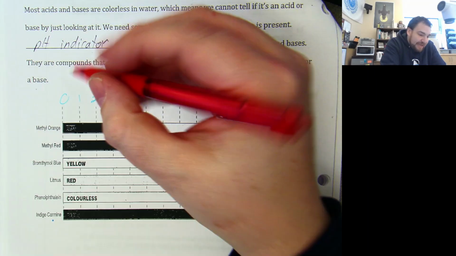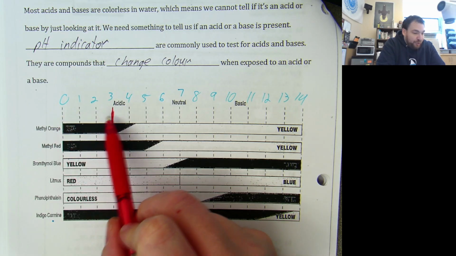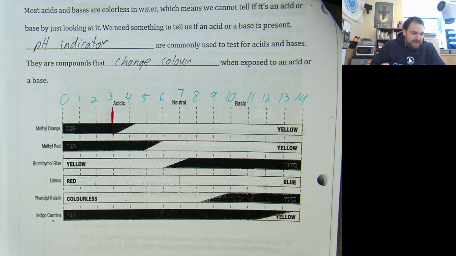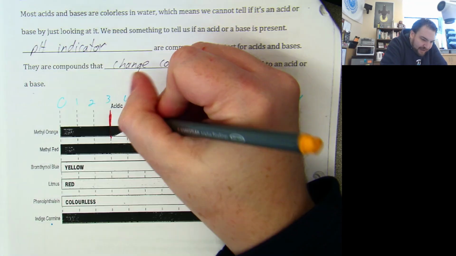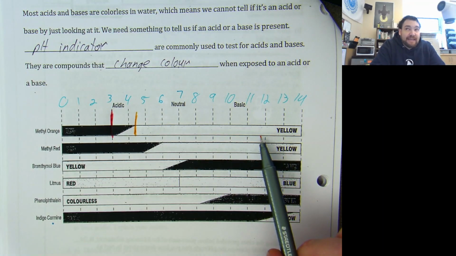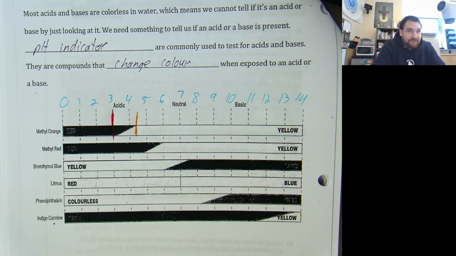Methyl orange, if the pH is 3 or lower, methyl orange will be red. If the pH is about 4.5 or higher, it'll be yellow. What do you think you're going to get if the pH is between 3 and 4.5? Where are my artists? What do you get when you mix red and yellow?